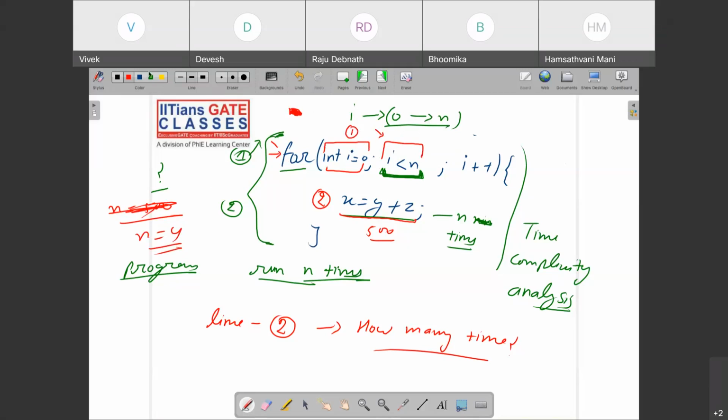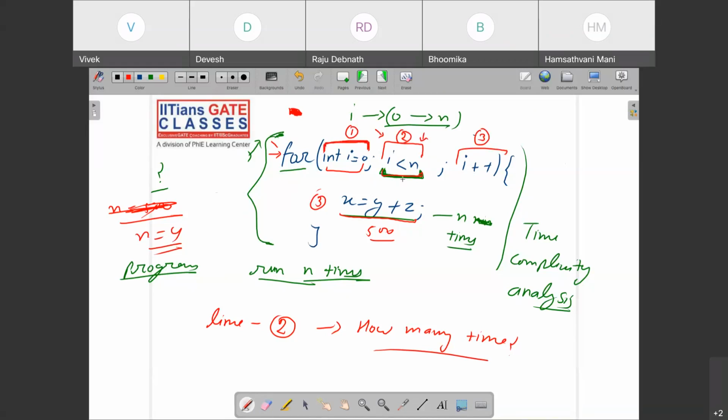Let me remove the line numbers, they may confuse you. First, this step will execute for the first time only. Then this step will execute, then this step, then this step. Then again this step will execute. So it will go in a loop like this.